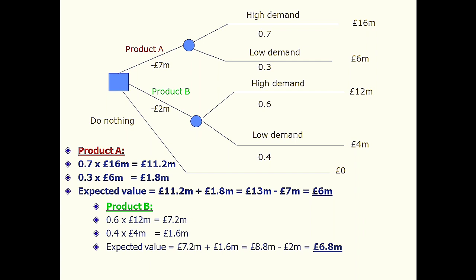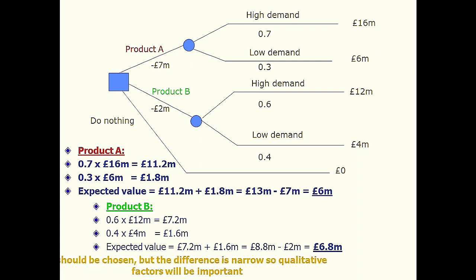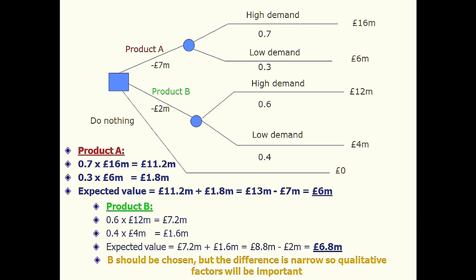In this case, the expected value for product B is higher, that is 6.8 million as compared to 6 million for product A. However, the 0.8 million difference is very small, or we can say this is a narrow difference. So therefore, more qualitative factors will be important too in order to make a choice.